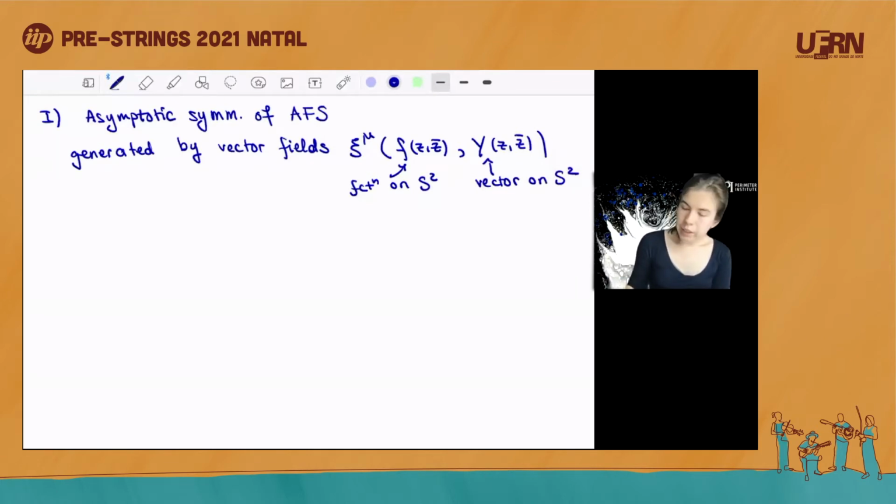And in particular, we said last time that if f is non-zero, but y is equal to 0, then these are supertranslations.